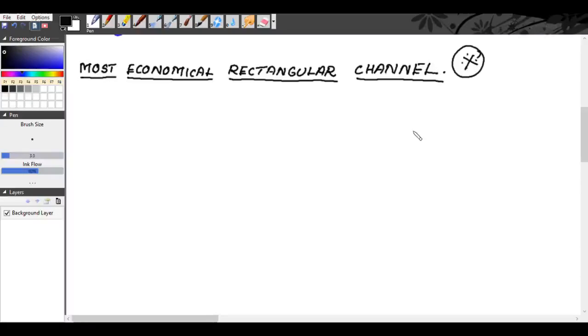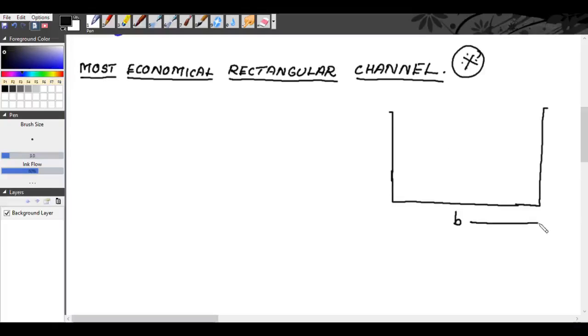So we will consider a rectangular channel now. So this is the channel with a rectangular cross section. Consider a channel with rectangular cross section.